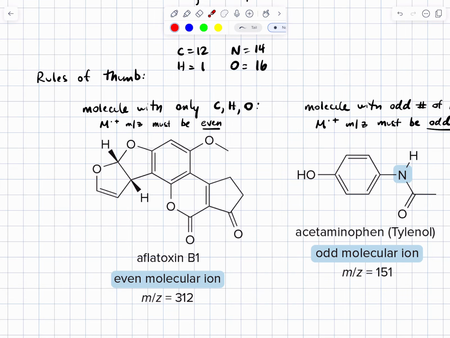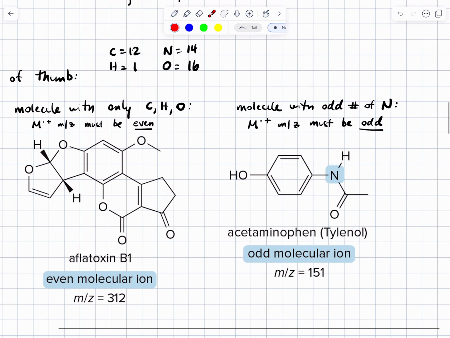In contrast, if you have an odd number of nitrogens, the molecular weight has to be odd. If you have an even number of nitrogens, it could be even.